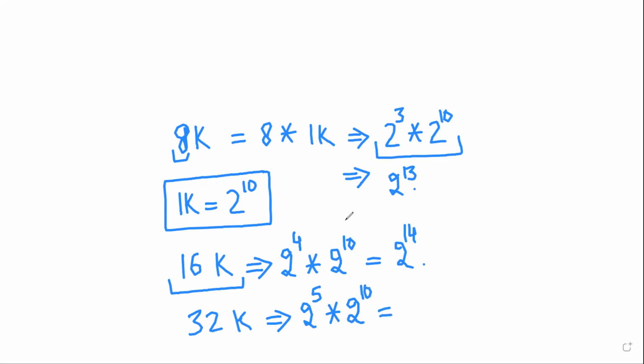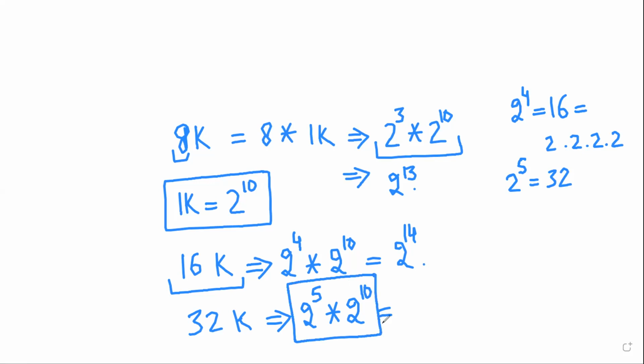See, 2 raised to power 4 is 16. Why? 2 into 2 into 2 into 2: 2, 4, 8, 16. So 2 raised to power 5 would be 32. Soumyaji, any doubt? No, sir. So beta, what will be 2 raised to power 5 into 2 raised to power 10? 2 raised to power 15.